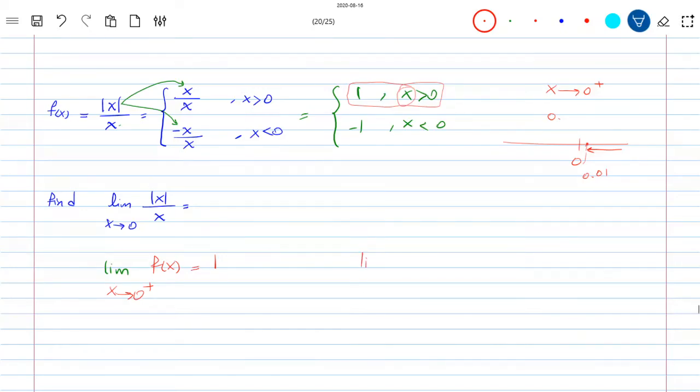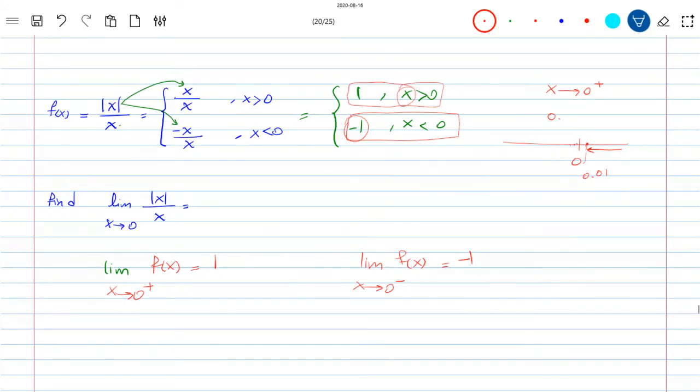If I'm approaching from left side, the number that I'm approaching is still 0, but I'm approaching from left side. That means the x value that I'm picking is somewhere close to 0, but it's smaller than 0. That means it satisfies the second part of the piecewise function. What do I get for the y value? The y value must be negative 1.